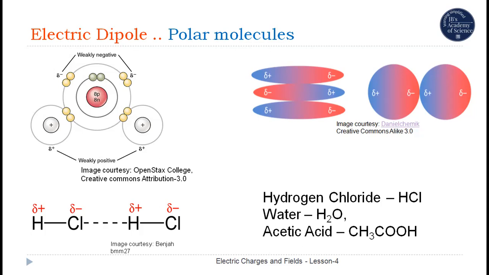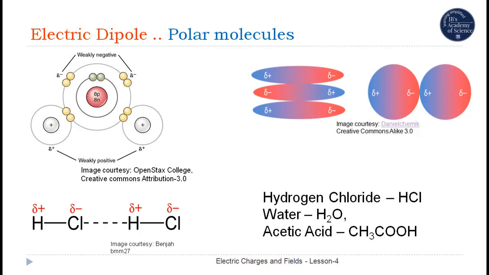Due to the high electronegativity of oxygen, these paired electrons will be slightly pulled towards the side of the oxygen. Therefore, the part of oxygen will be slightly negative and the part of hydrogen will be slightly positive. The paired electrons will be slightly shifted from the equilibrium position. Therefore, this molecule will have a positive pole and a negative pole, and it will act as a polar molecule.